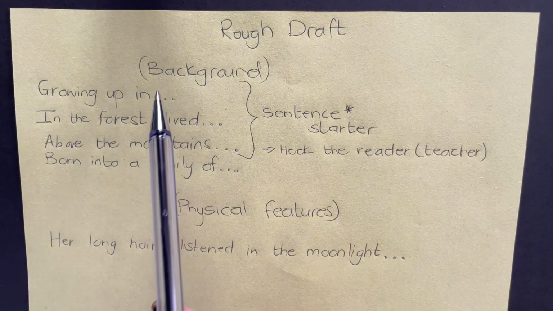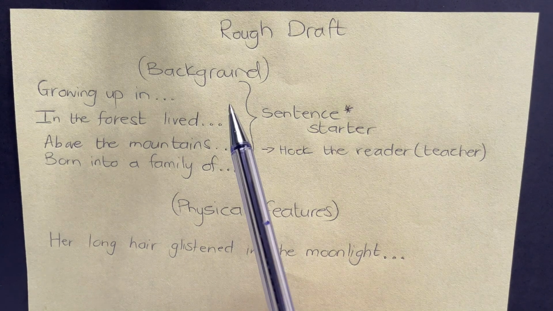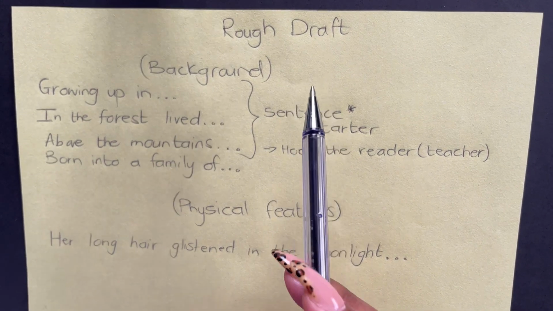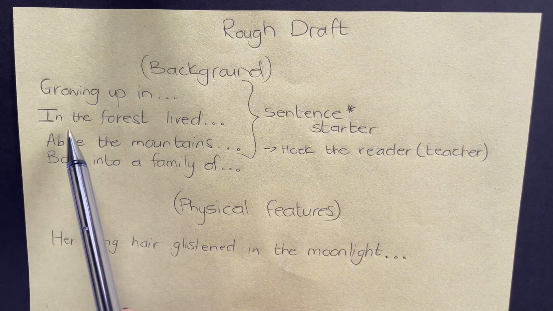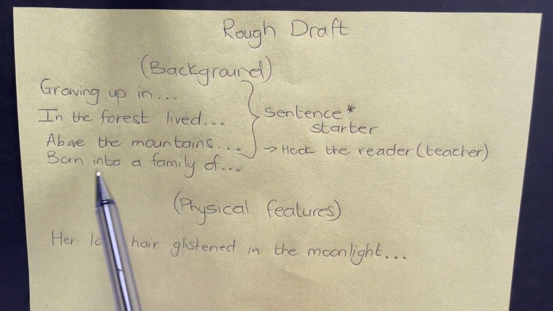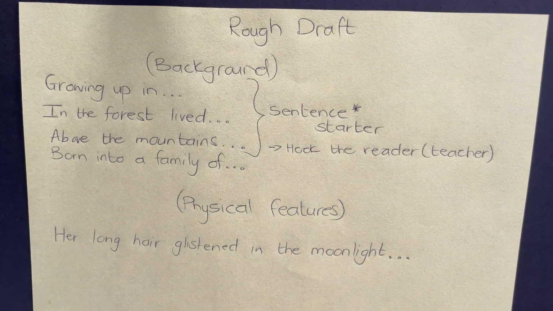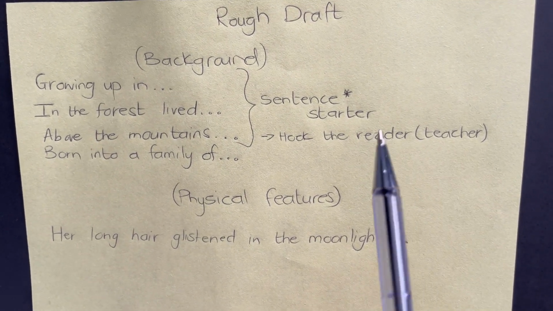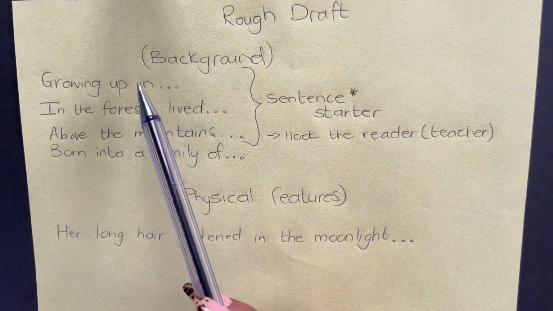So I have written 4 sentence starters that you can use when you start writing your character sketch: Growing up in, the forest lived, above the mountains, and born into a family of. Now you can use any of these sentence starters, so you have to pick one.